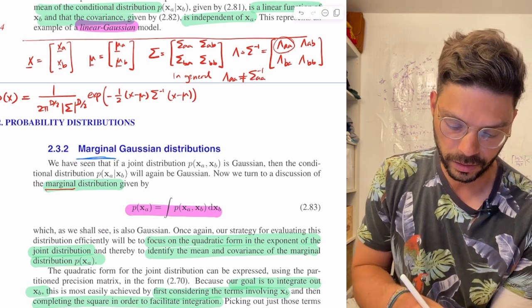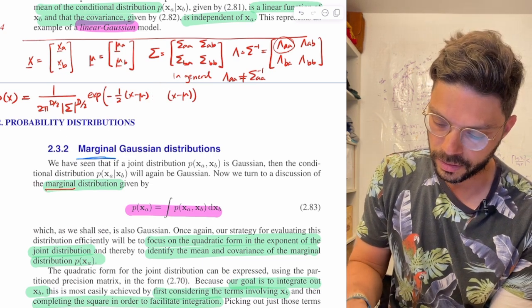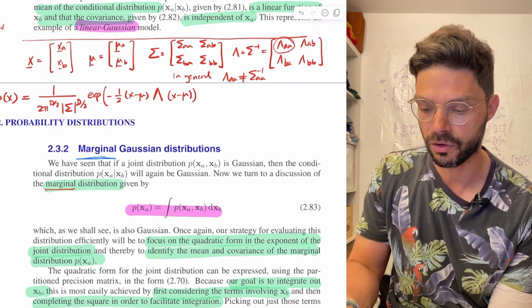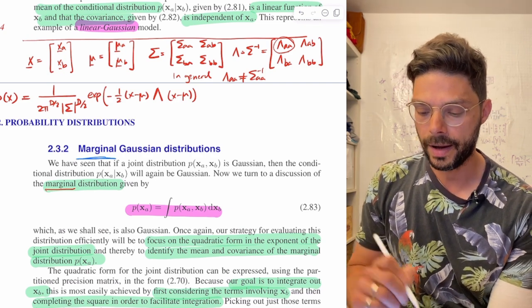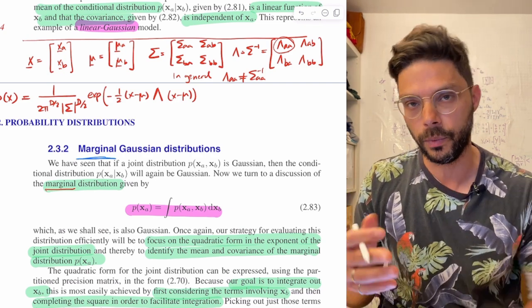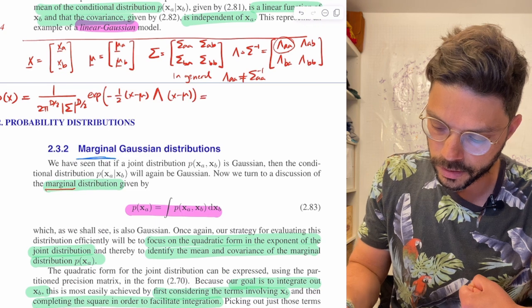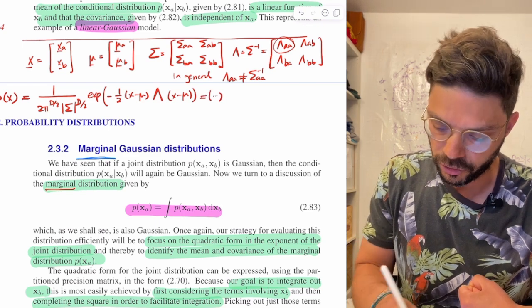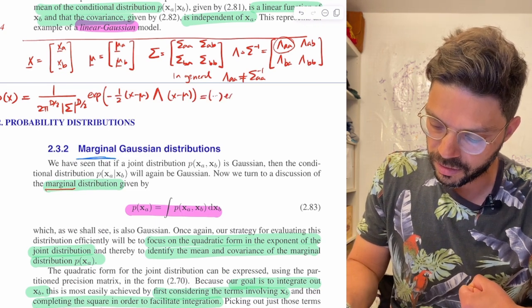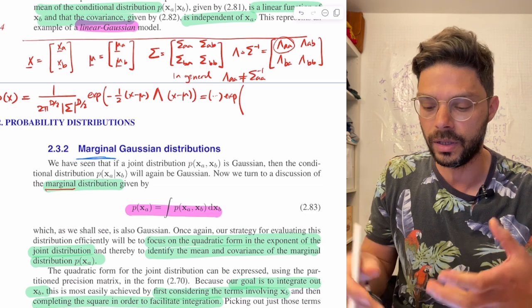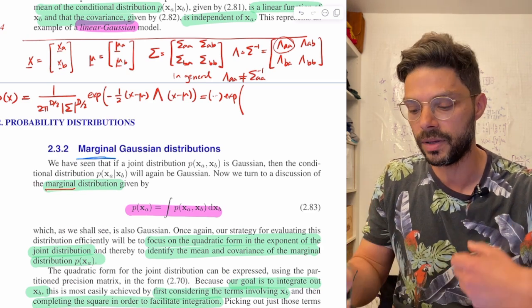First, we'll replace the inverse of the covariance with the precision. Now, because we're going to be integrating, we want to split it up into its component parts. We write this as the constant term at the beginning times the exponent. The star of the show is the quadratic form inside the exponential.